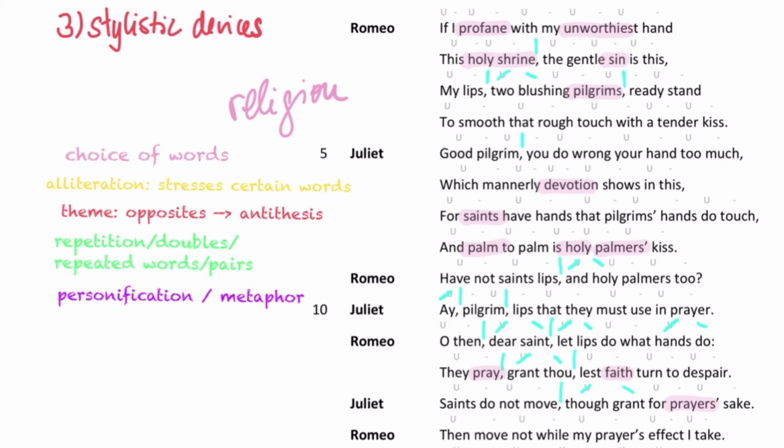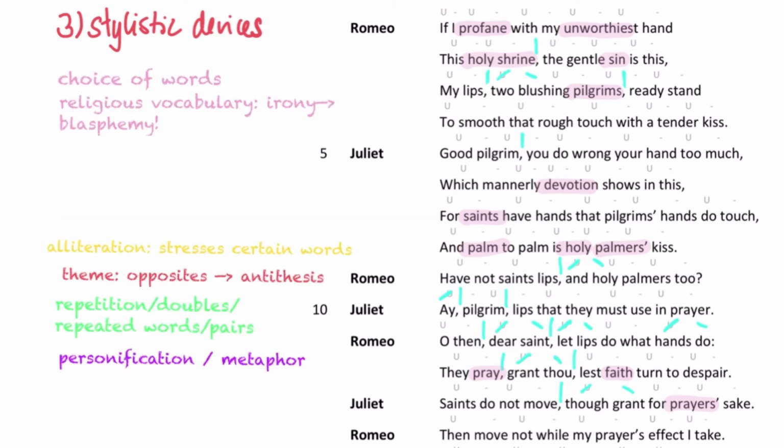So on the one hand, you could argue maybe the choice of words to do with religion underlines the purity of Romeo and Juliet's love. On the other hand, it seems like blasphemy. It's very ironic to use religious words in the service of something sexual, so something completely unholy or impure.